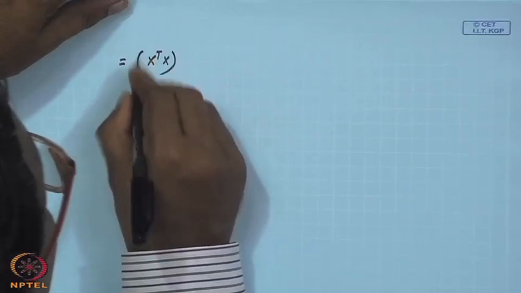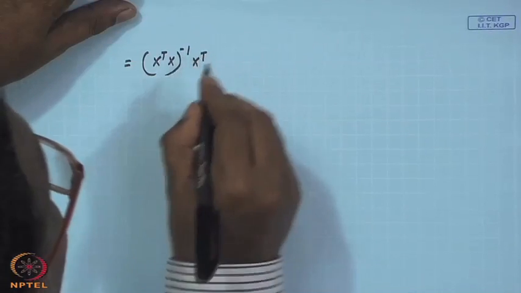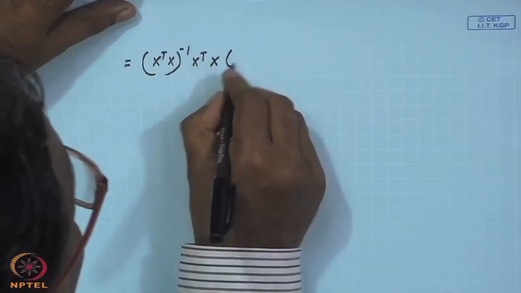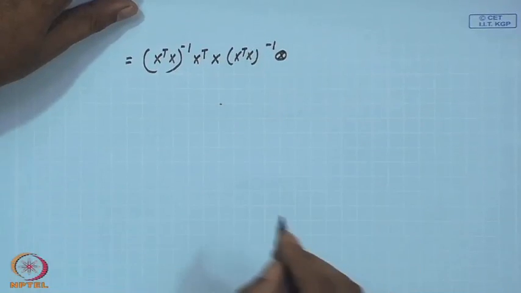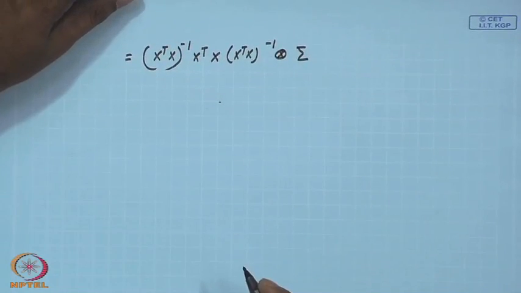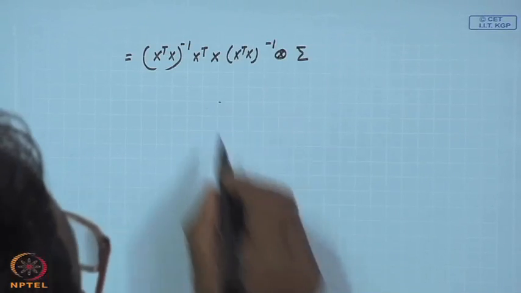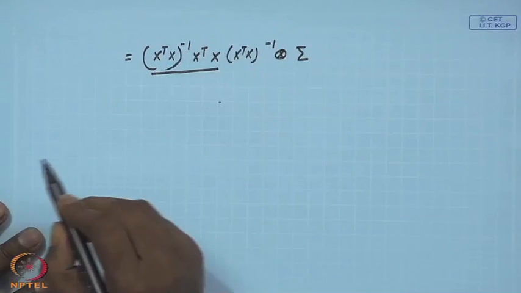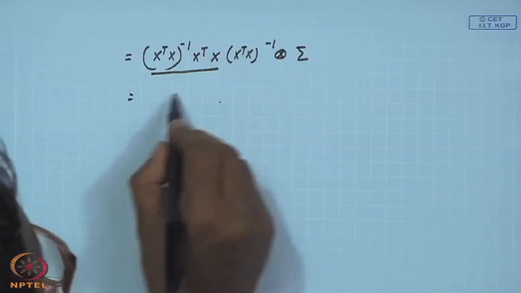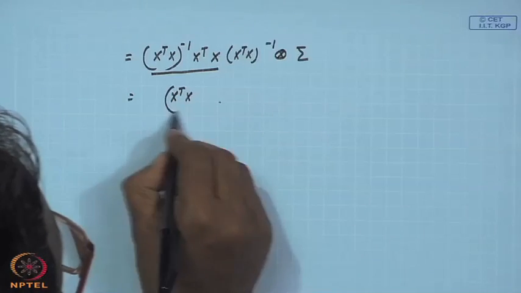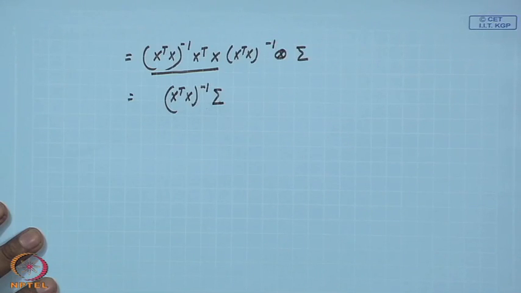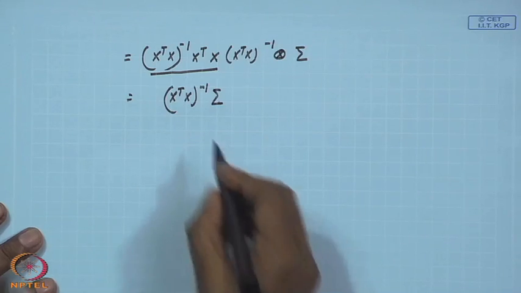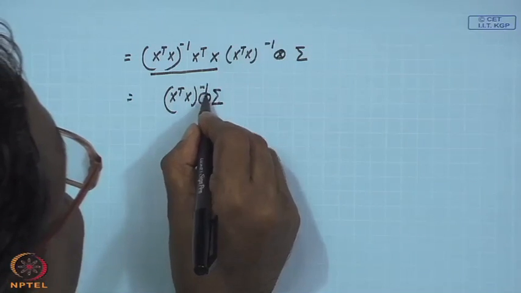X transpose X inverse X transpose X, X transpose X inverse, then this Kronecker product. Okay. Now, X transpose X inverse X transpose X is I, so ultimately that will not be there. So, X transpose X inverse remains, but there will be this Kronecker product.